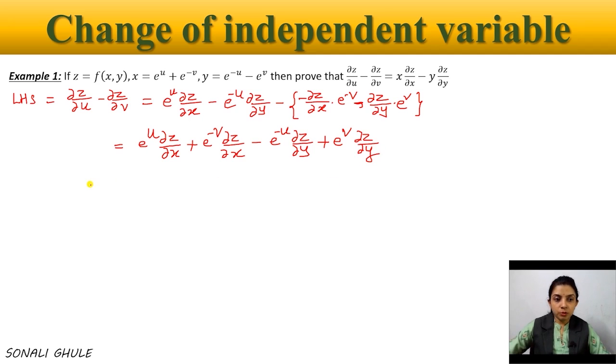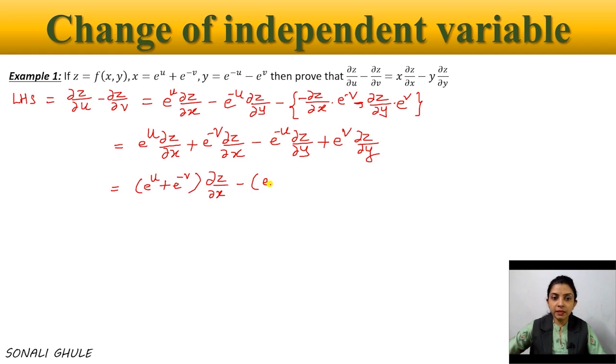Okay. So here from this I can find dou z by dou x common. So what is remaining? e to the power u plus e to the power minus v dou z by dou x minus, now here I have taken the minus sign common. Okay. So also I have taken here dou z by dou y common.